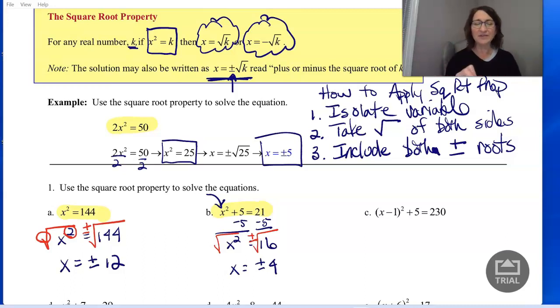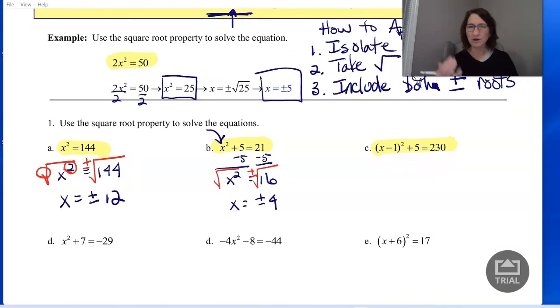Let's go ahead and look at c. C looks a little different. It's fine. It's not that different. We're going to approach it the same way. I'm going to subtract 5 from both sides. So then I have the quantity x minus 1 squared is equal to 225.